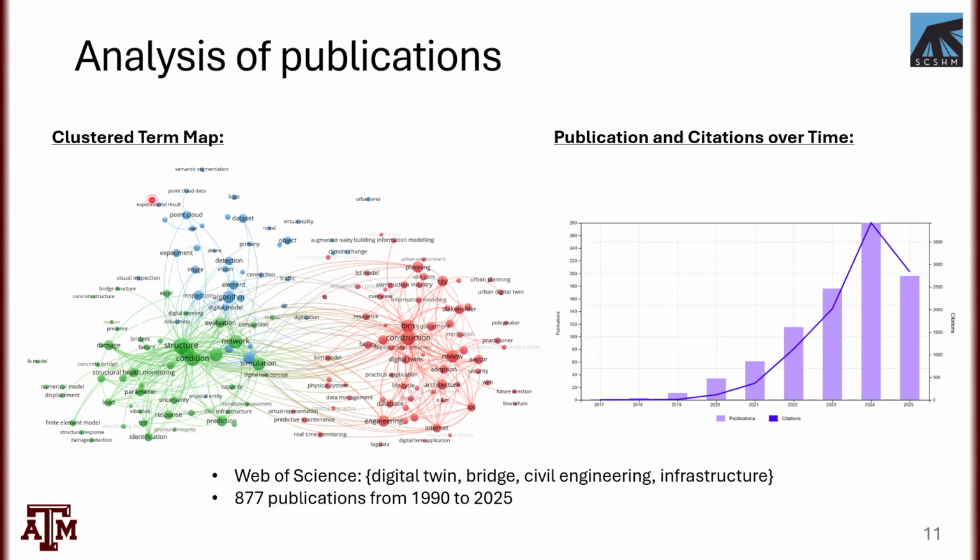There's also some more preliminary mathematical algorithmic work being done on photogrammetry, various aspects of digital twinning. So overall, it's a very hot topic. It's continuing to grow. Citations are on the rise. I found over 800 publications between 1990 and 2025. So I just wanted to list this out there.